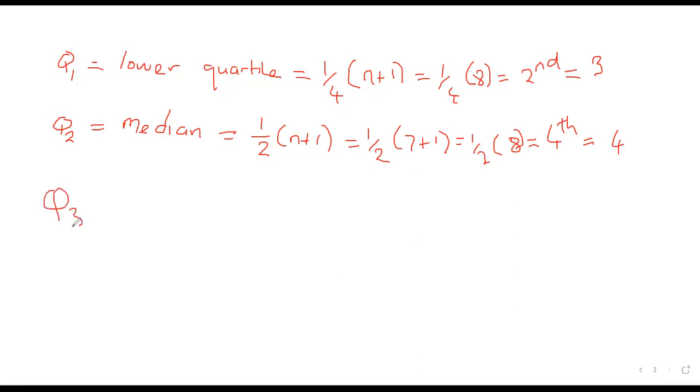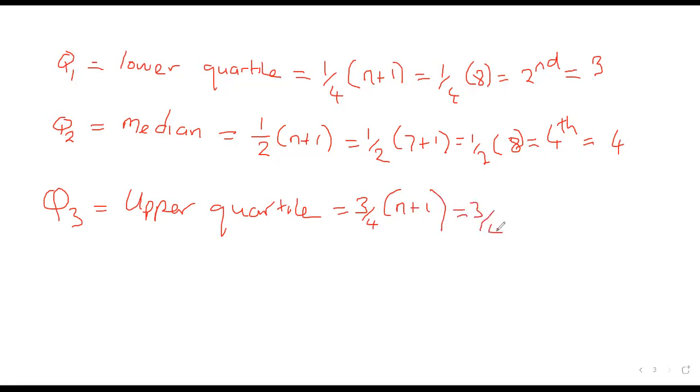The third quartile is also called the upper quartile. What is the formula for the upper quartile? The upper quartile is given by 3/4 of n plus 1. So our n was 7. 7 plus 1 gave us 8. 3/4 of 8 gives you the 6th position.